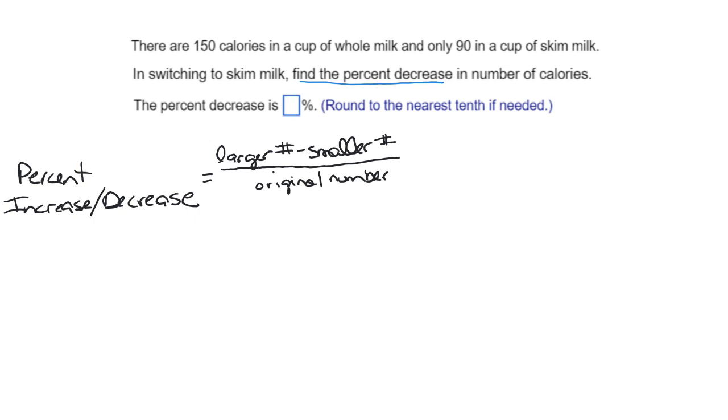This works whether you're looking for an increase or a decrease. All right, and we're going to prove it now just by looking at this problem. So we have 150 calories for the whole milk, and we are changing to the skim milk, which decreases to 90 calories. So you can see it's a decrease. So we're going to go in and find the percent decrease.